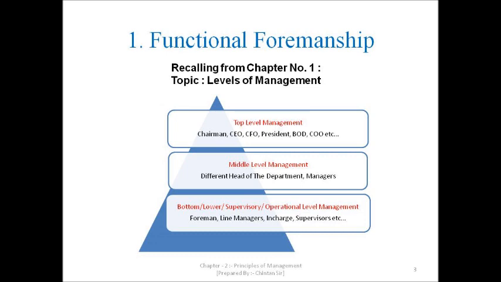Number 2, middle level management. And number 3, supervisory or operational level management. In the third level, we have seen different designations that can be called foremen, line managers, in charge, supervisors, etc.